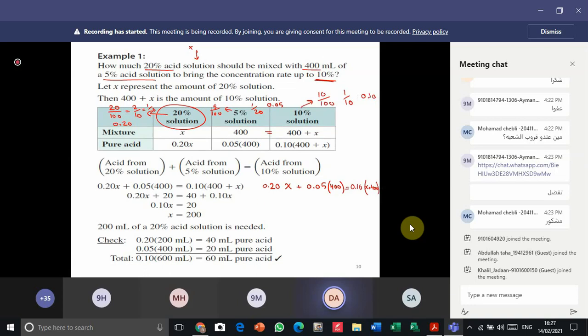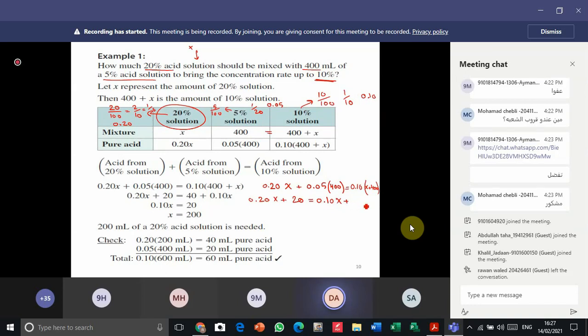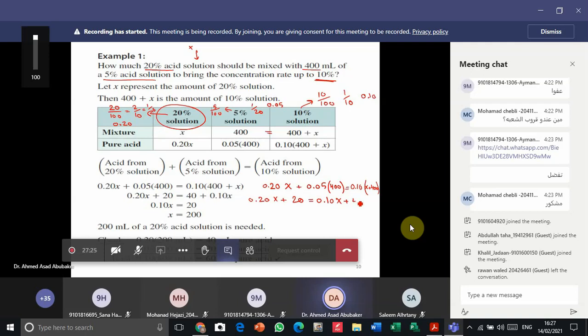Now we can solve. 0.2 x plus 400 multiplied by 5 over 100, so we have 20 equal 0.10x plus 10 over 100 multiply 400, so we have 40, like this.